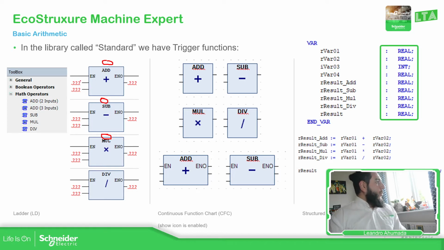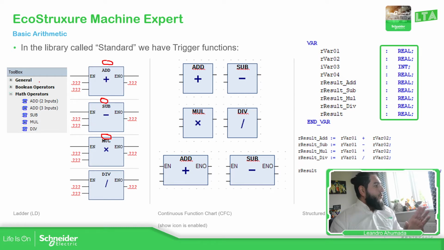As you can see here in the input, we just need to match the variable type that we are going to use. If we're going to use real, then the other variable must be real. If you're using integer, the other variable must be int. If they are not the same, then I recommend you check the converters as we saw in the beginning.